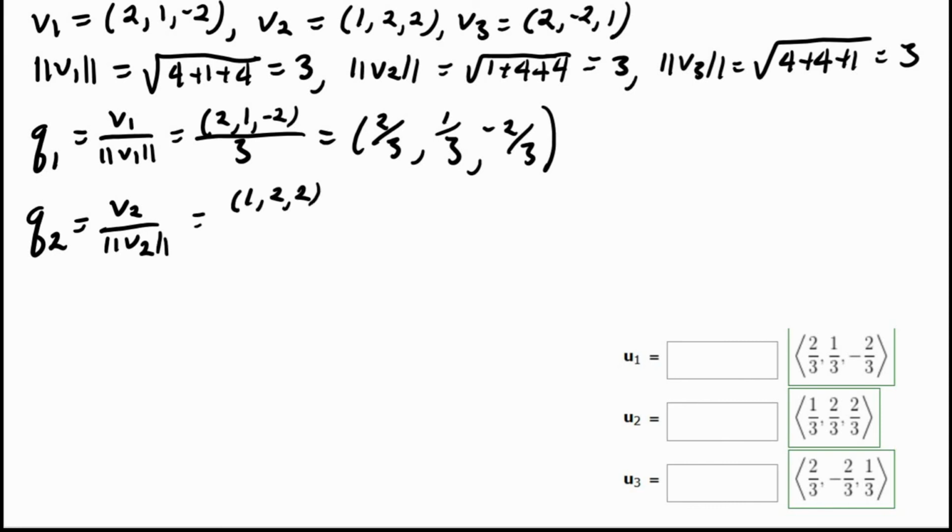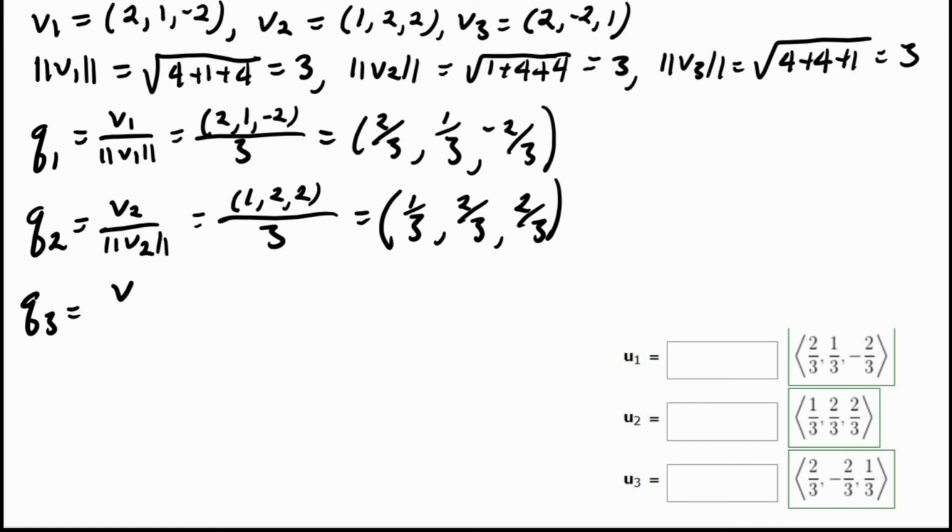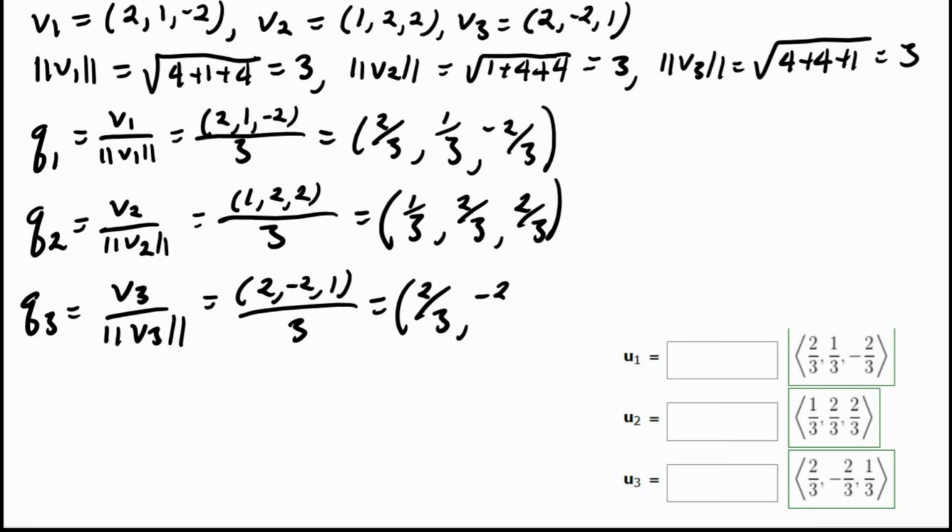There's 1, 2, and 2 divided by 3, so it gives us 1/3, 2/3, and 2/3. Q sub 3 is v sub 3 divided by the norm of v sub 3. It's 2, negative 2, 1 all over 3. Two-thirds, negative 2/3, and 1/3.